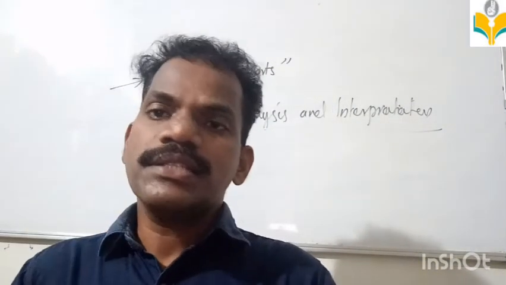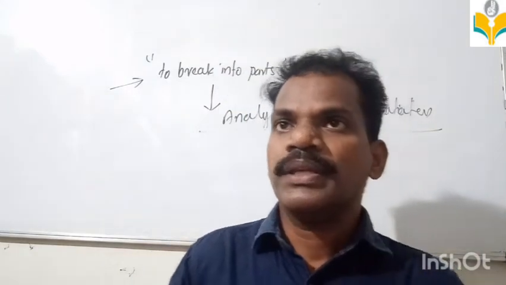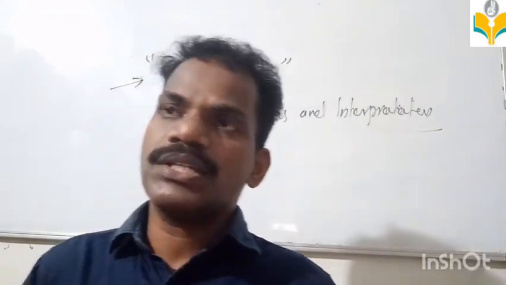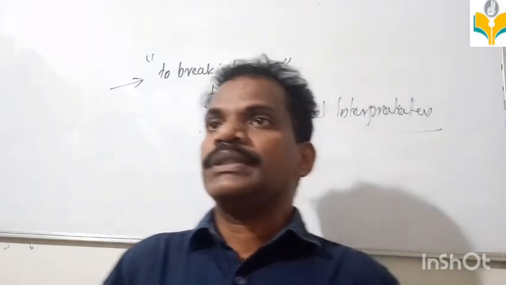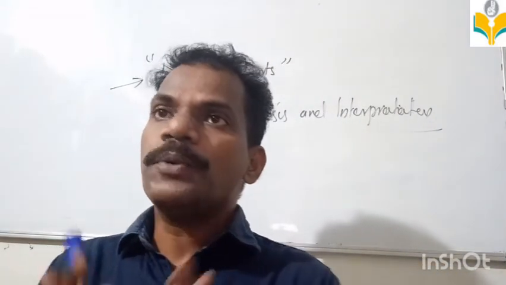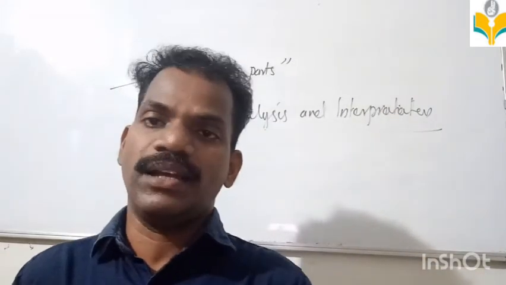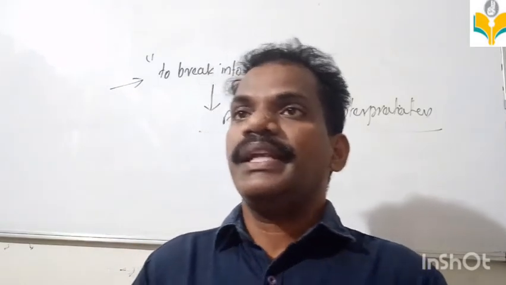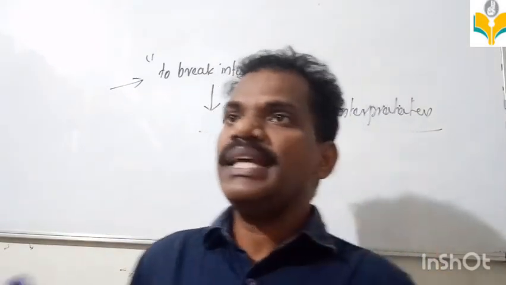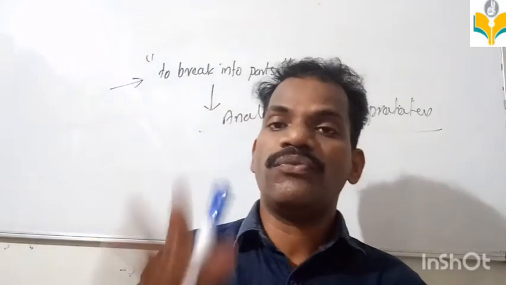We have already discussed the meaning of analysis and interpretation. Analysis and interpretation are two different processes. Analysis refers to the process of simplifying the complex or collected data, while interpretation means explaining the meaning and significance of these simplified data.